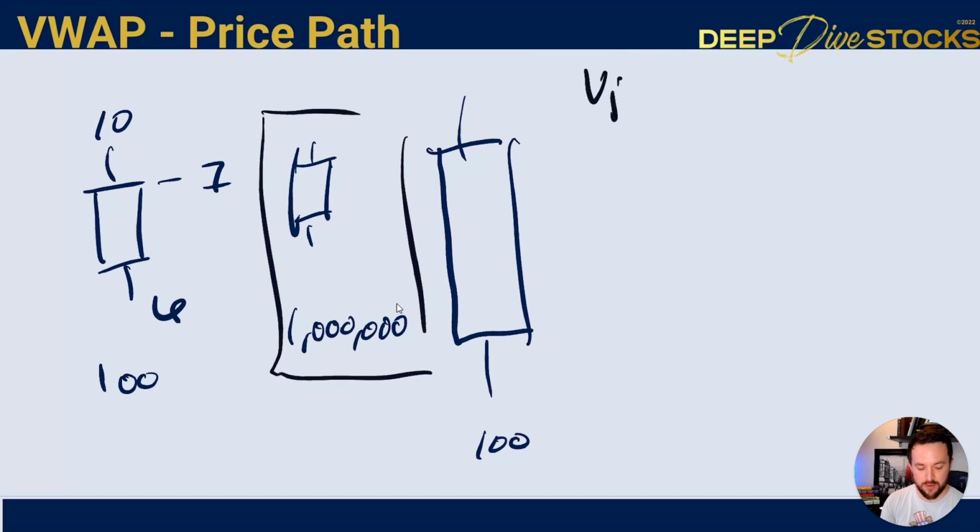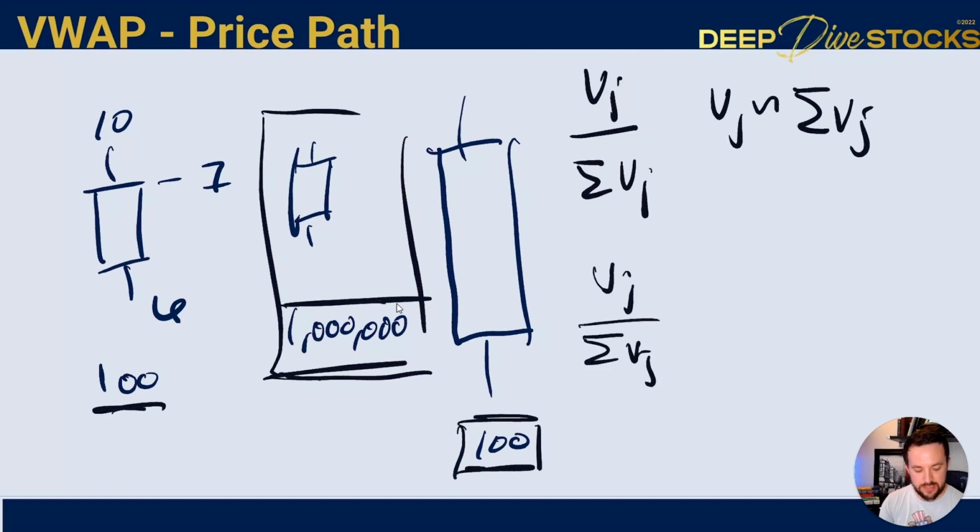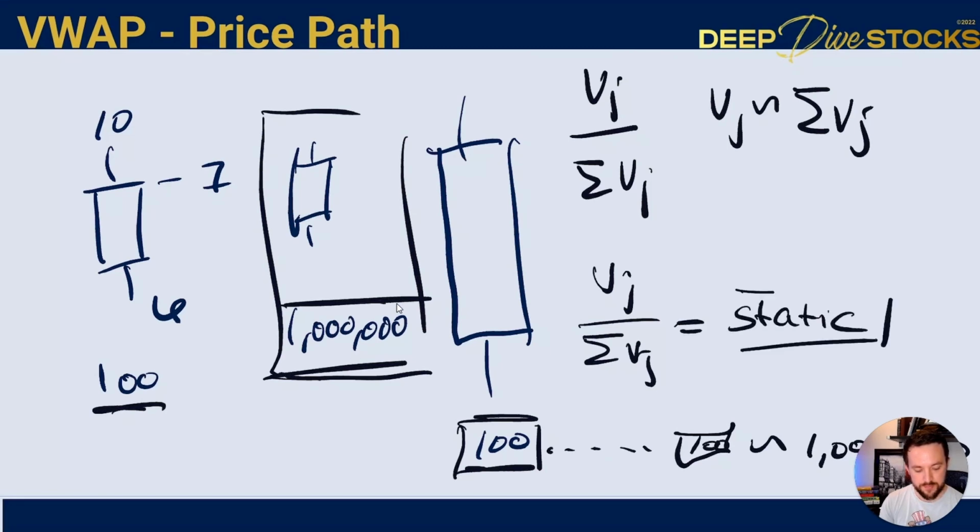If we go back to our ratio, we see that the denominator is the sum of all of the volume. We had 100 volume, and then we went to 1,000,000 volume, and then we went back to 100 volume. So until enough hundreds pop up to equal around another 1,000,000, this is static. It's just going to become some number, 1.